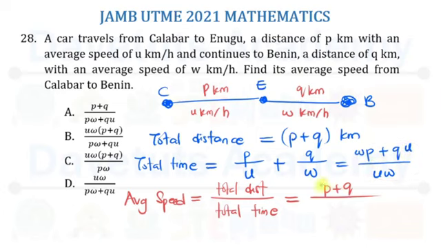So that will be P plus Q multiplied by UW over WP plus QU. Again, I'm jumping those steps because we need to be smart and fast solving questions like this. So looking at our options, we have UW, P plus Q. The base is PW plus QW. Yes.